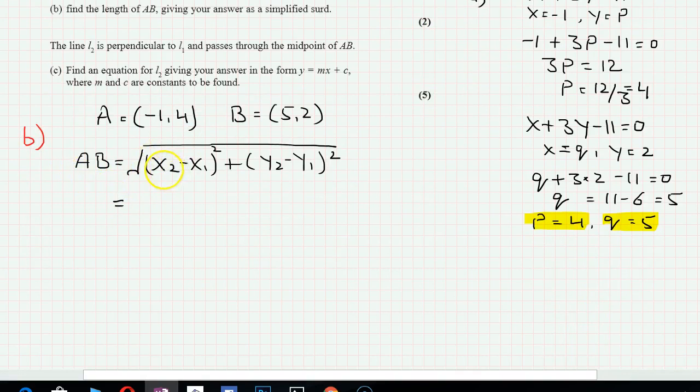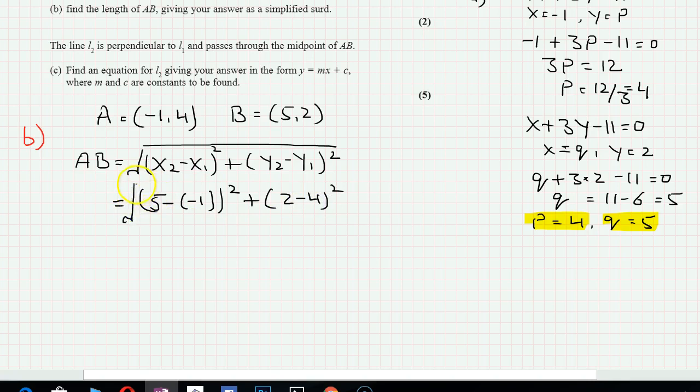So AB will be, x2 is 5 minus x1, which is minus 1. Don't forget to repeat this negative sign here. This is negative 1 and this is a minus. So we have the square of it plus (y2 minus y1), which is 2 minus 4, squared.